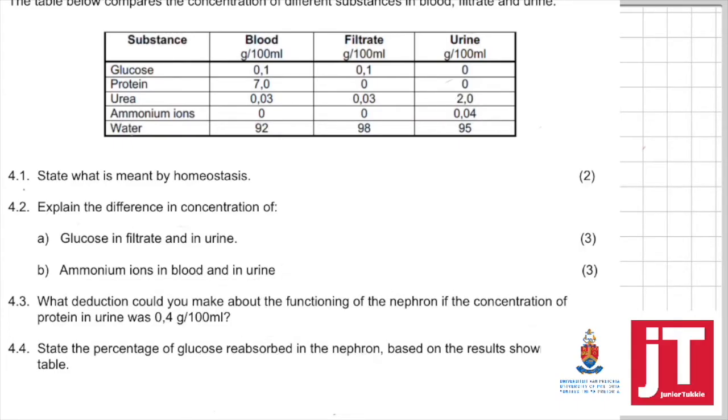The next question, 4.3. What deduction can you make about the functioning of the nephron if the concentration of protein in the urine was 0.4? So if there was 0.4 grams of protein in the urine, there should actually be no proteins in the urine. So that could only mean that the ultrafiltration membranes are damaged.